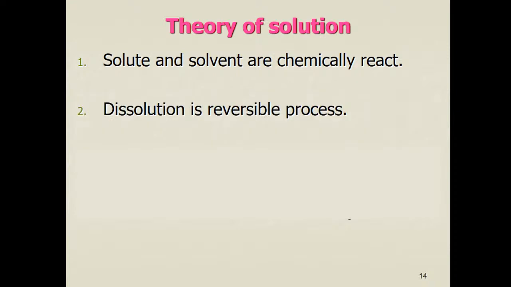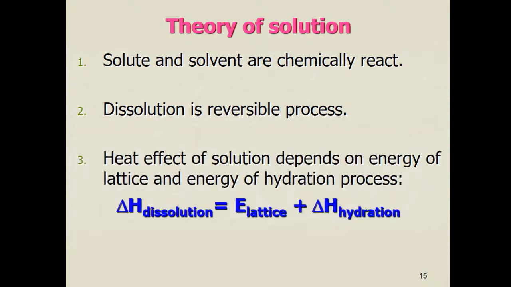So the second step of this theory of solution is that dissolution is a reversible process. It's possible to shift the equilibrium. And the final heat effect of solution depends on two factors. The first one is the energy of the lattice, the crystalline energy. This is the energy that needs to be used to destroy the bonds, to destroy this crystalline lattice. It's always endothermic.